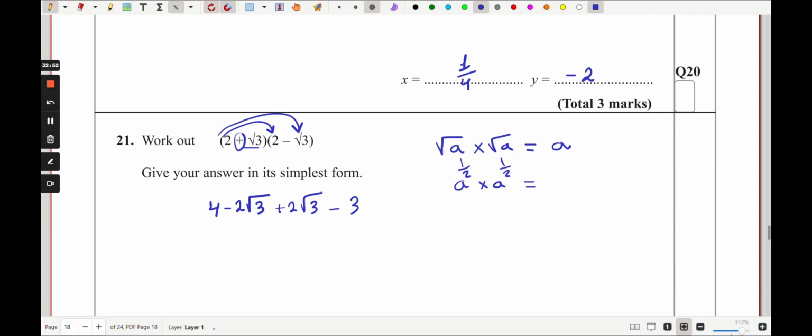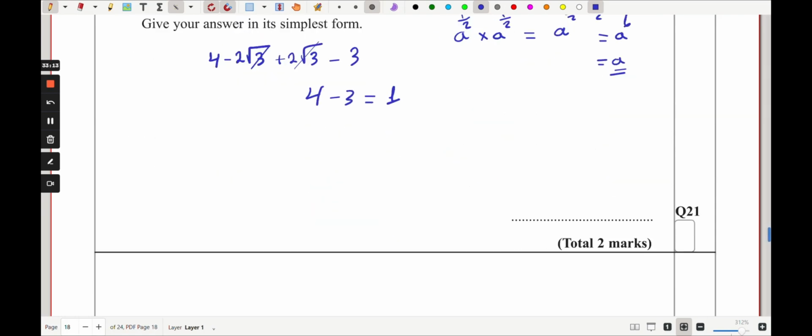If you are multiplying with the same bases, you can add the powers, so half plus half is 1, so a to the power of 1, which equals a. Same for 3. Now minus 2 square root 3 plus 2 square root 3 cancel each other, so left over 4 minus 3, which is equal to 1. We can write 1 here now.